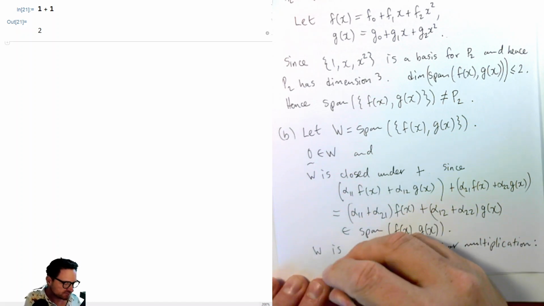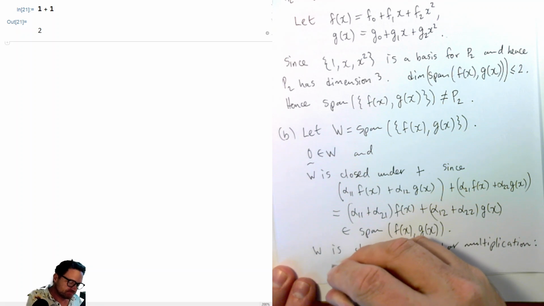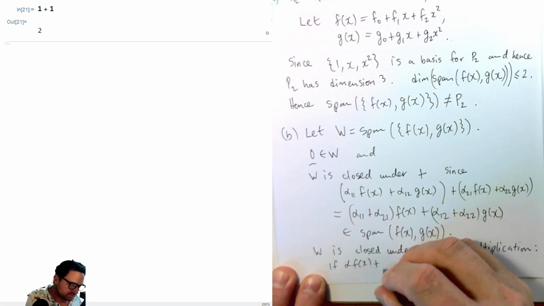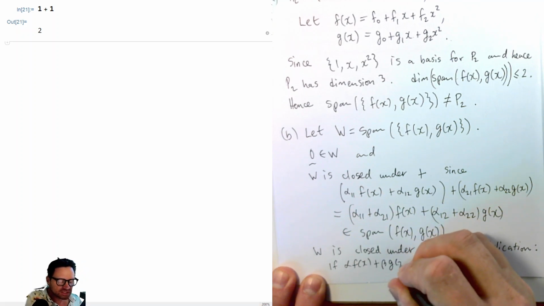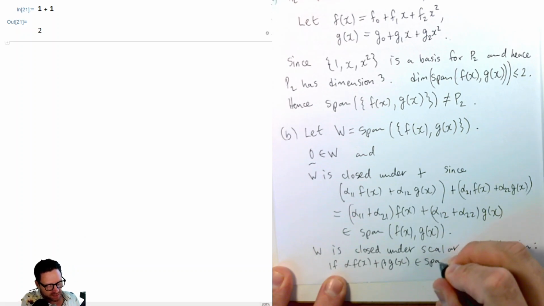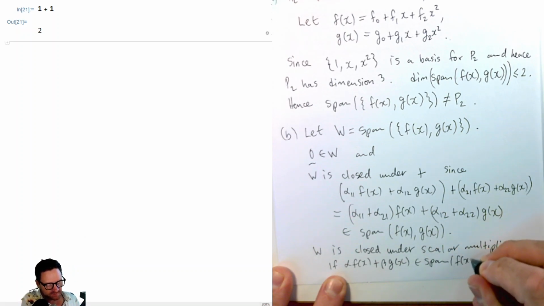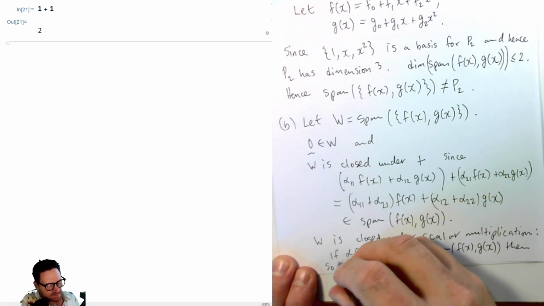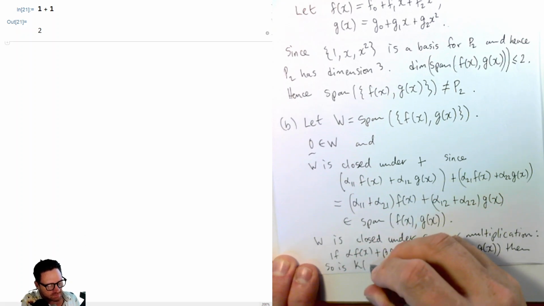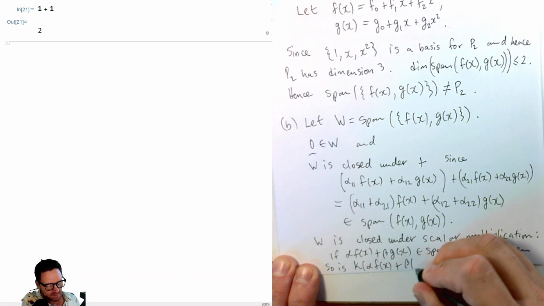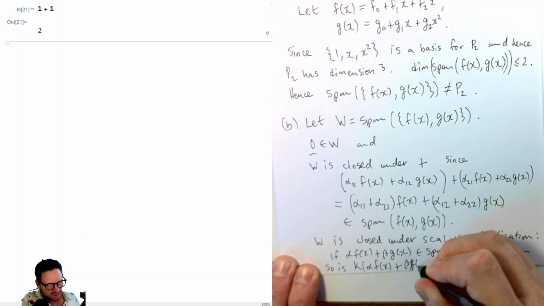So in other words, if alpha f plus beta g is in the span of f and g, then so is k times alpha f of x plus beta g of x.